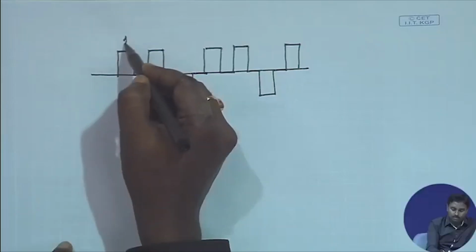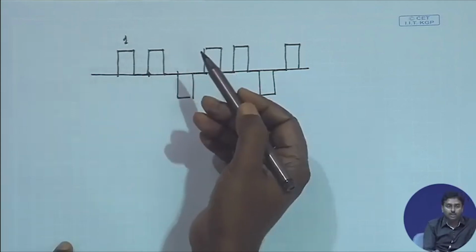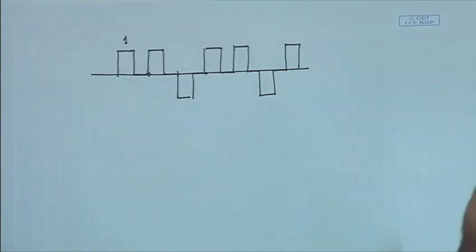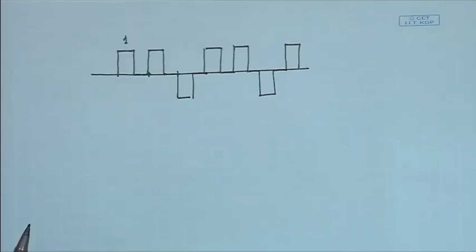The only statistical property we are imposing here is that the bits do not have any correlation. That means if this is 1, there is no correlation that the next one should be 1 or 0. It can be 1 or 0 with equal probability, and also we have an equal distribution of 1s and 0s.